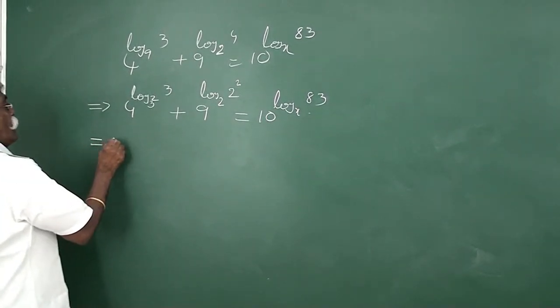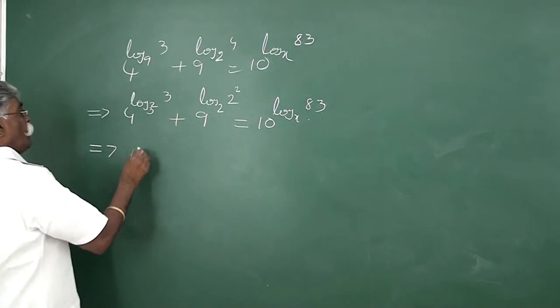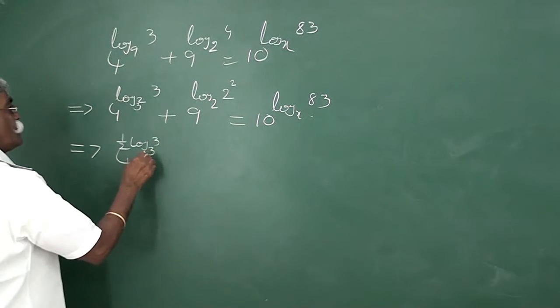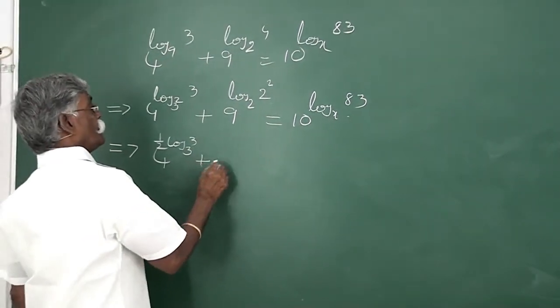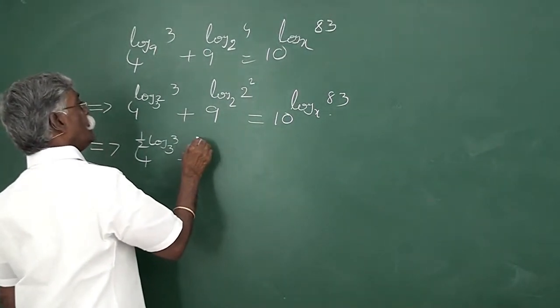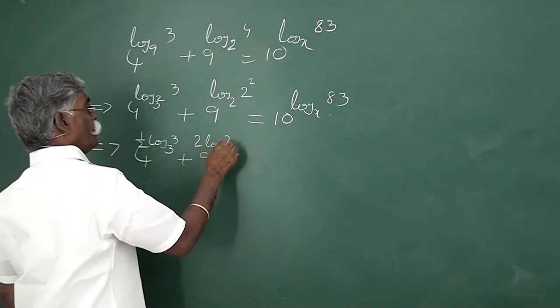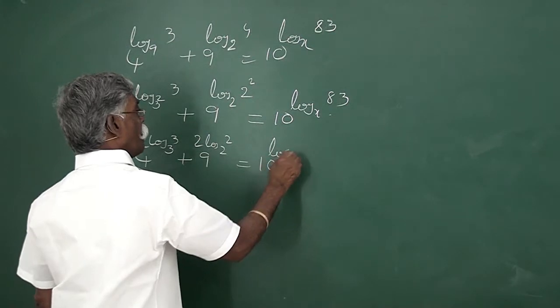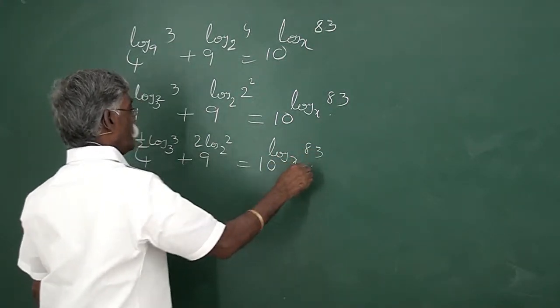Now this implies 4 power half log 3 base 3 plus 9 power 2 log 2 base 2 is equal to 10 power log 83 to the base 6.